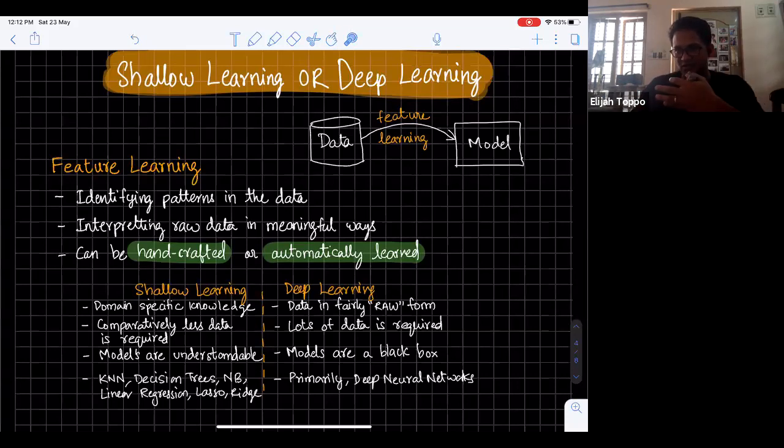Now this would require huge amounts of data because it will have to learn exactly what a table looks like. Identifying between a table and a chair is again an easier problem compared to identifying between human beings.